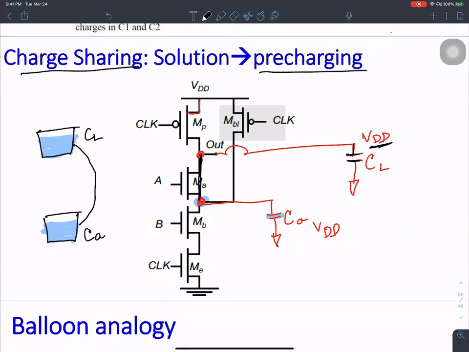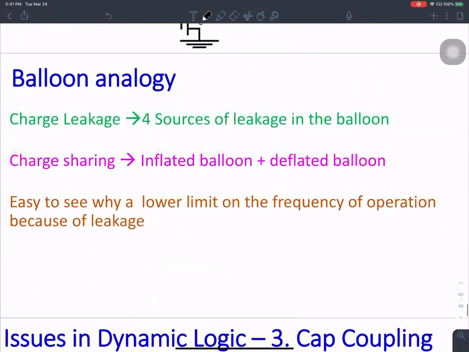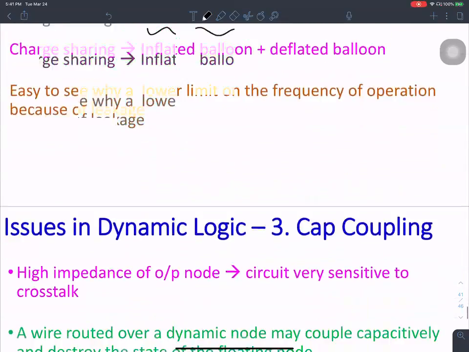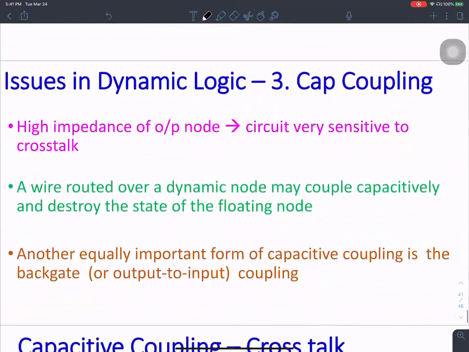In addition, if we were in the class, we would have done an analogy of a balloon: a full balloon, a deflated balloon, and a full balloon, and then some holes in the balloon to represent the charge leakage, and so on and so forth. But these are the problems in dynamic logic circuits.